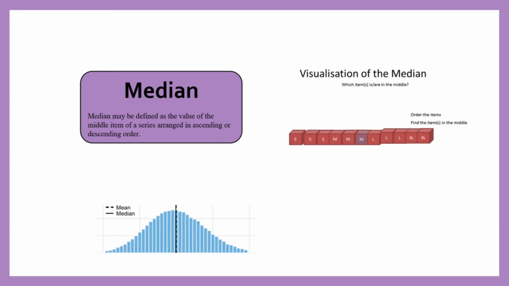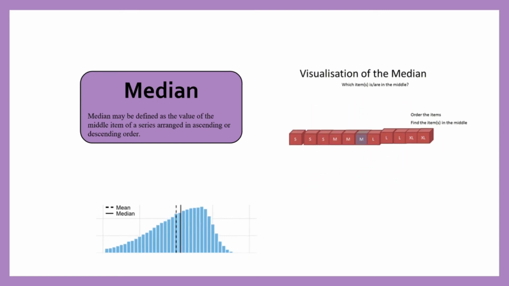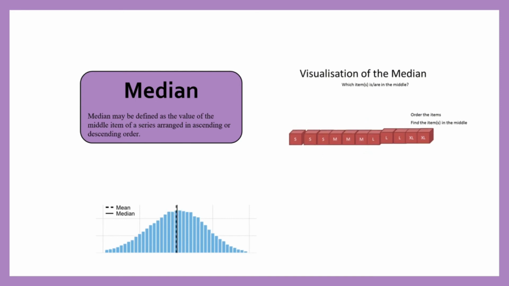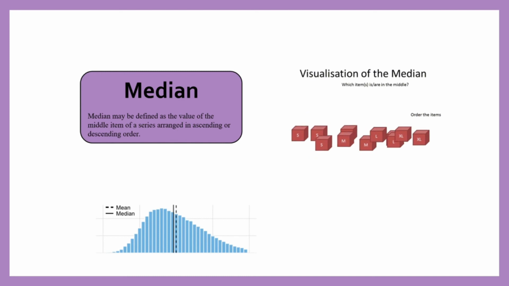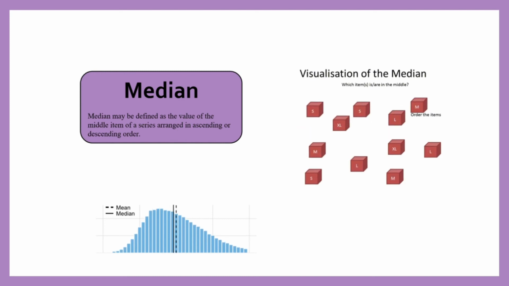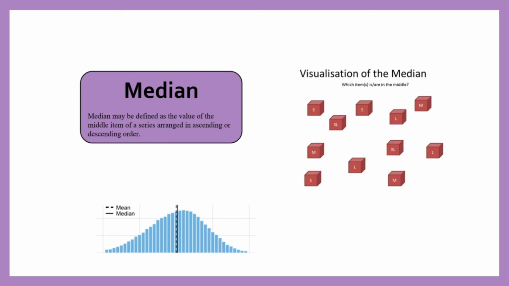The fundamental formula for determining the median is given by M equals value of n plus 1 by 2 item, where M represents the median, that is the n plus 1 by 2th term, and n equals number of items arranged in order.